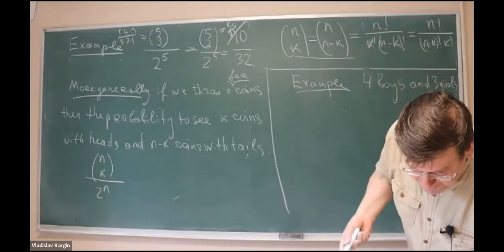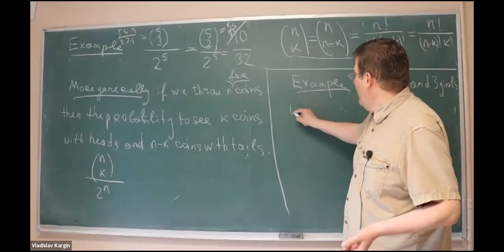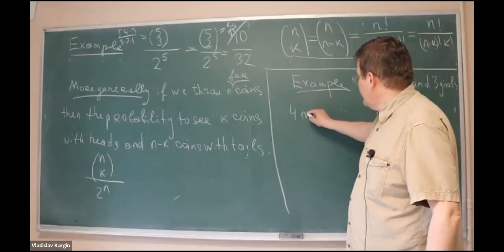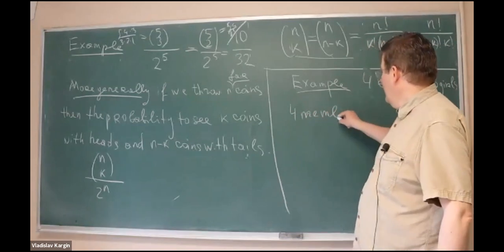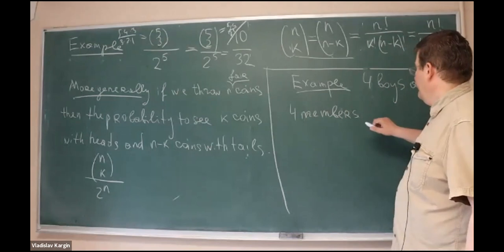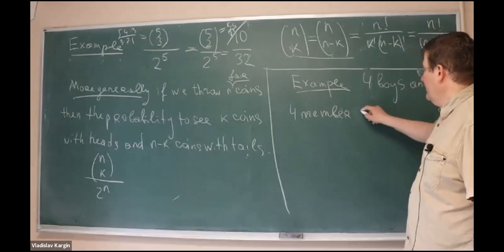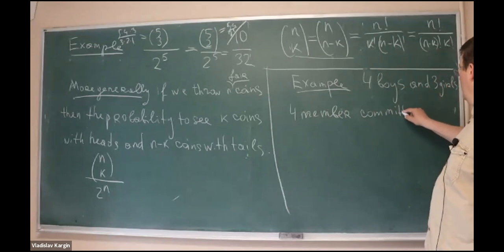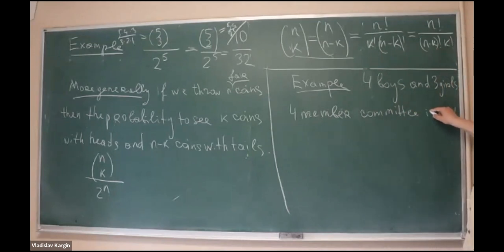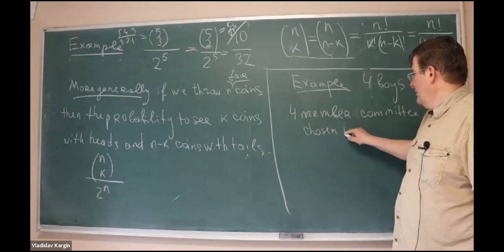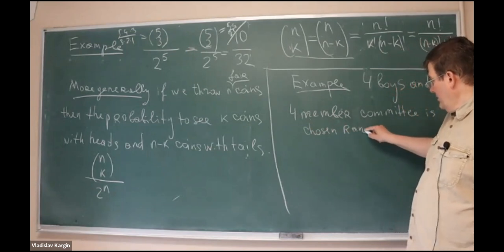So how many members in the committee? 4 members, a 4-member committee, chosen randomly.